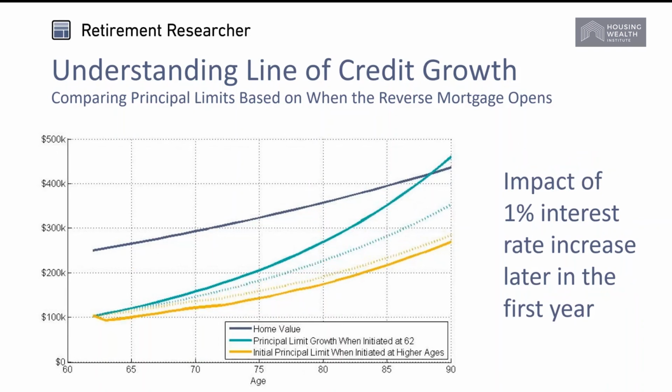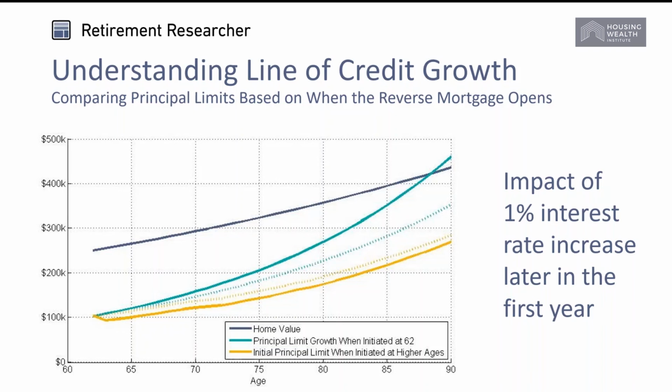Well, the cyan colored curve is now growing at a much faster clip because now that variable interest rate component is 1% higher forever. And the yellow curve drops because now with interest rates permanently 1% higher, all the future expected rates are going to be less than they would have otherwise been. And so here, that gap between the cyan curve and the yellow curve is a lot more impressive.